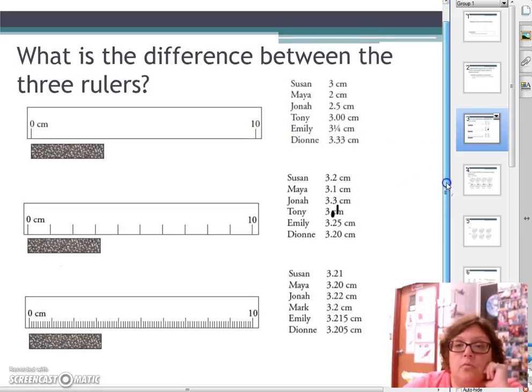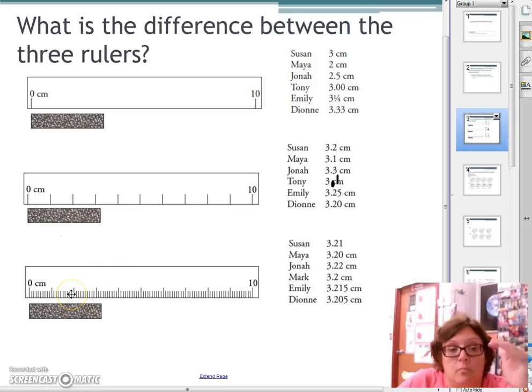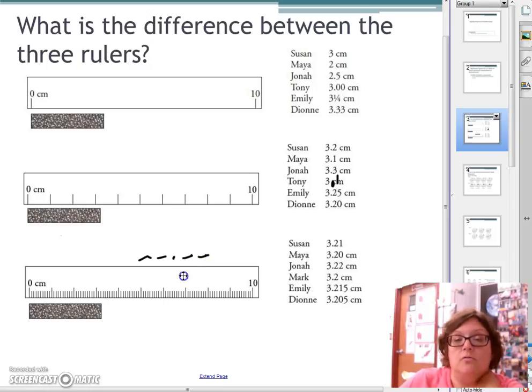Our third one, we now have a major graduation of 10s, and what's our minor graduation? We have 10 marks in between each of the single marks. So we have a middle graduation of 1s and a minor graduation of 1/10. So now we can accurately go to the 10s place, the 1s place, 1/10, and now we can accurately go to 1/100th.